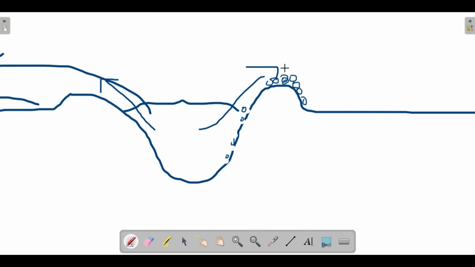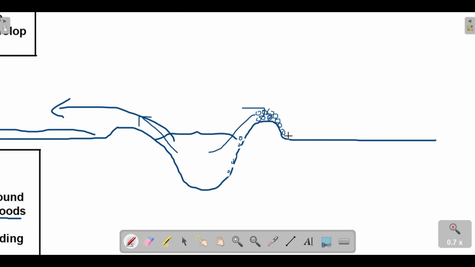So the heavy material will be dumped next to the river, and then the lighter material will be dumped away from the river. You end up forming layers of silt, layers of fine or light material, stacked one on top of each other, and these make up a floodplain.